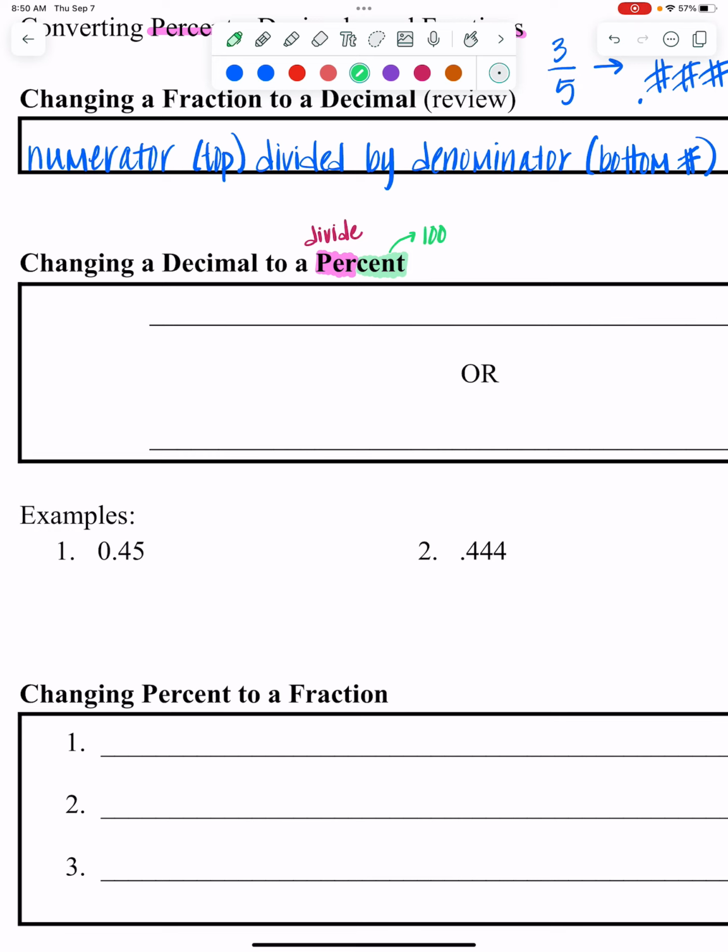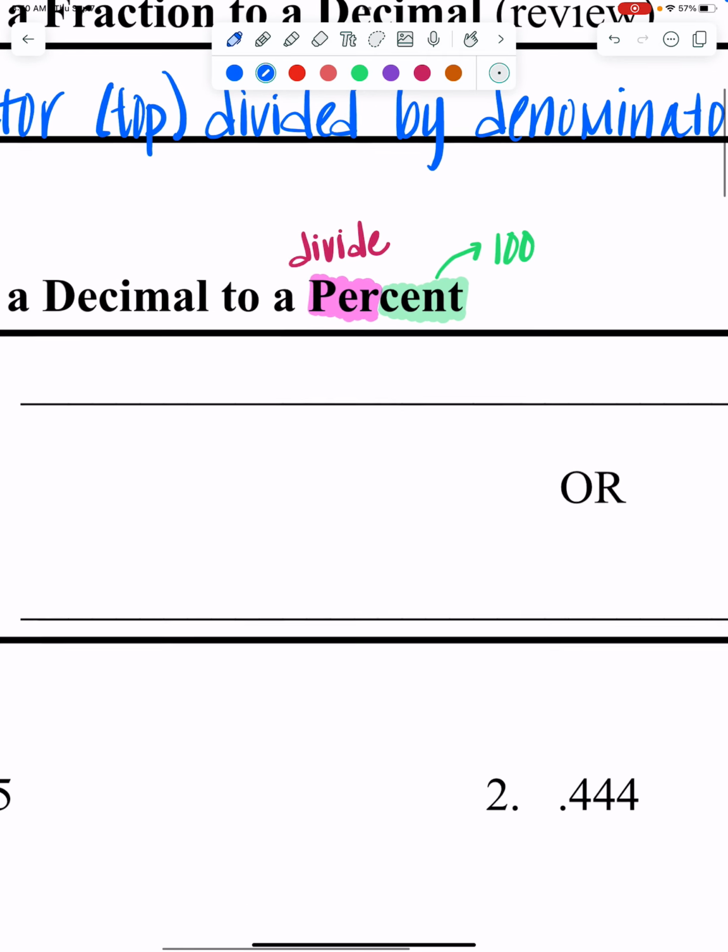So if we're going to start with a decimal and change it to a percent, you have two choices.